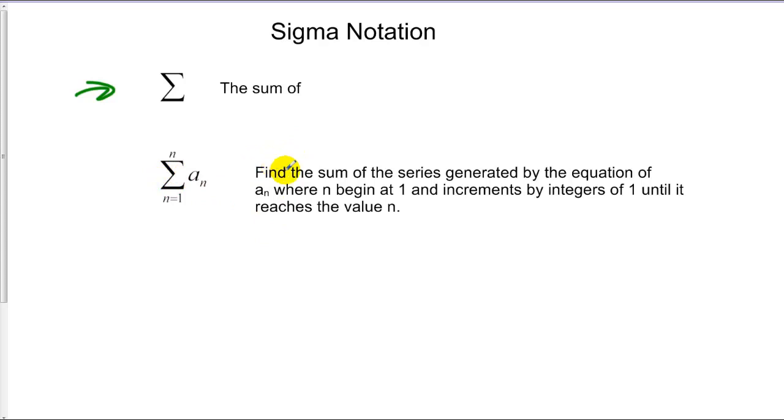In other words, find the sum of this series generated by the equation of a sub n. This will typically be an explicit formula, where n begins at 1 and increments by integers of 1 until it reaches the value n. Let's go in practice because this is a little touchy-feely and out there right now.